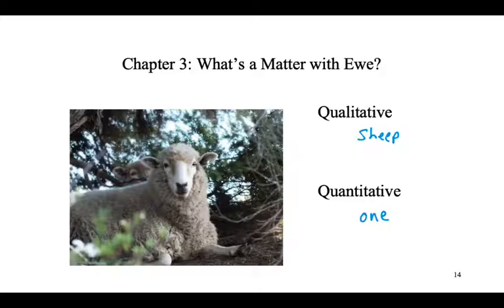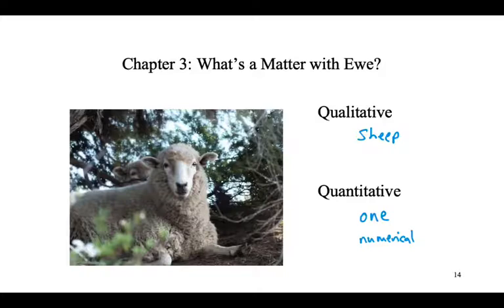I would argue that's kind of qualitative. One is quantitative. Well, what's quantitative? Quantity, typically tied to a numerical value. Okay, so we could have talked age. I don't know anything about sheep. 13-year-old sheep.